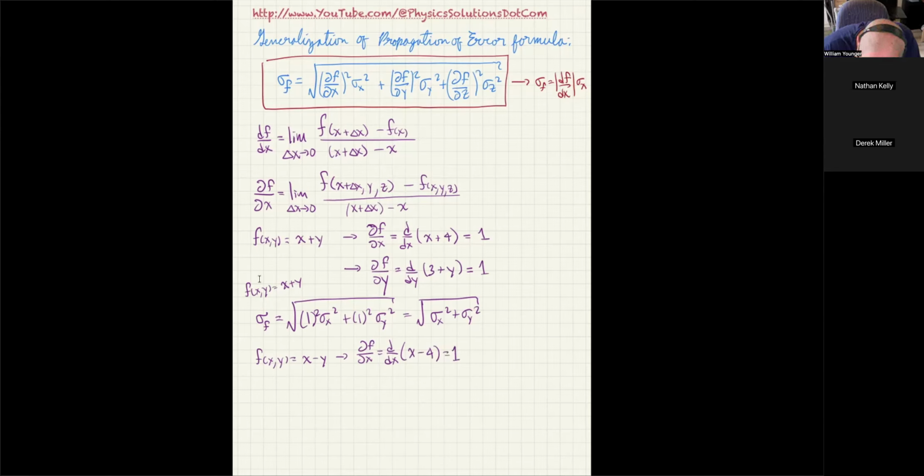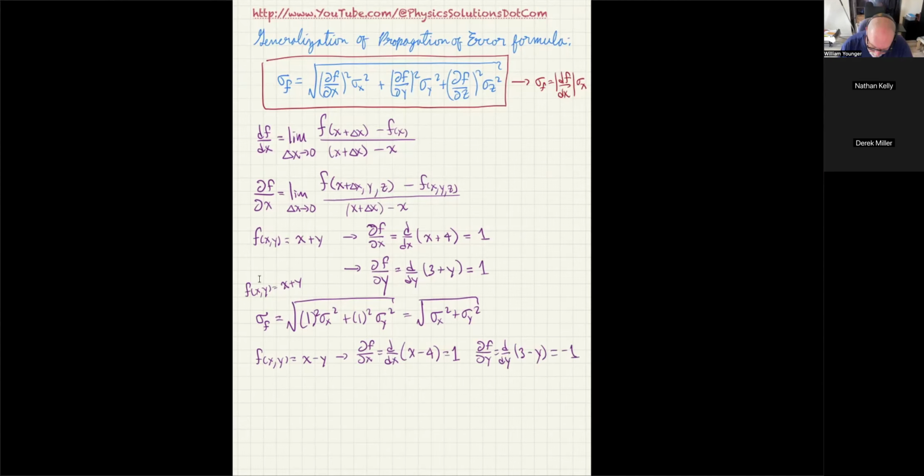Similarly, the partial of f with respect to y is d by dy of 3 minus y, which gives me negative 1. So that's how we did the partial derivative in that case. Notice the x didn't exist after the derivative, so I don't have to go back and replace the 3 with an x, but that's what you normally have to do.